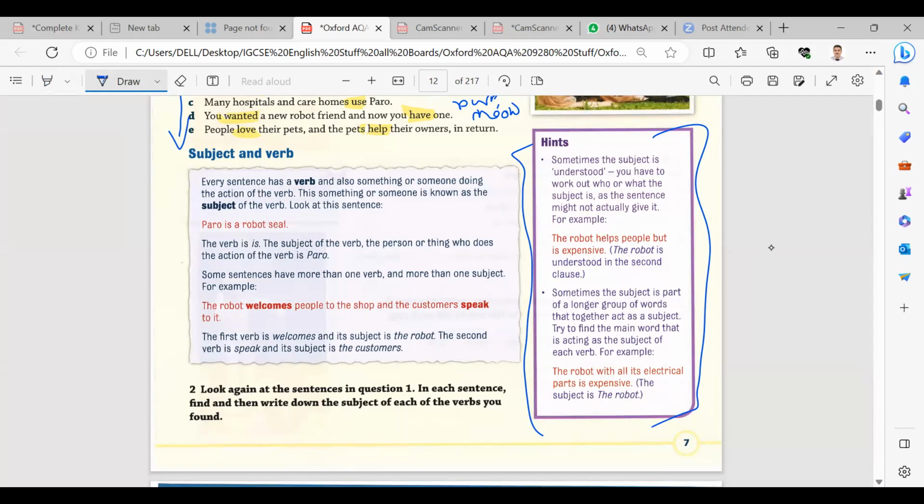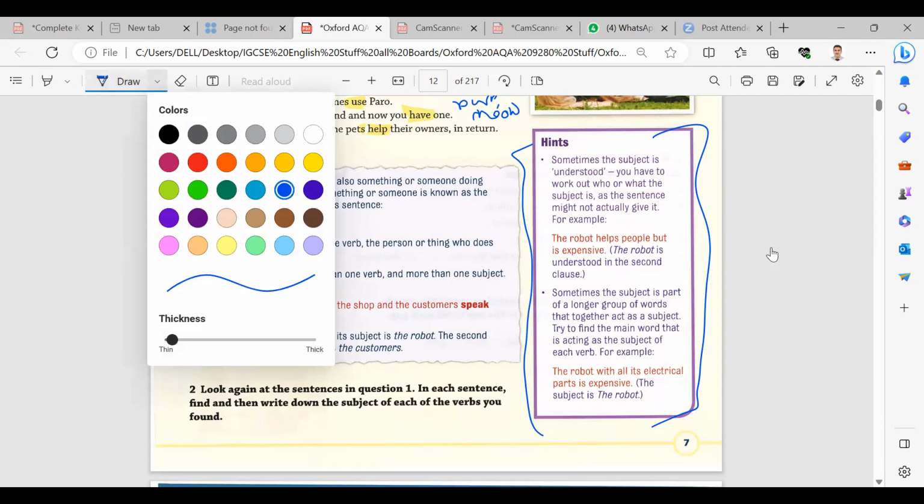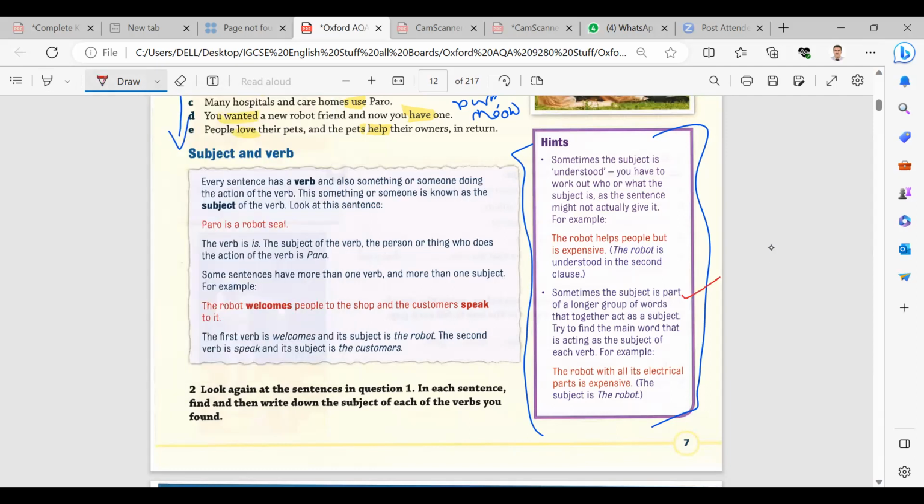The robot is understood in the second clause. Sometimes the subject is a part of a longer group of words that together act as a subject. Try to find the main word that is acting as the subject of each verb.